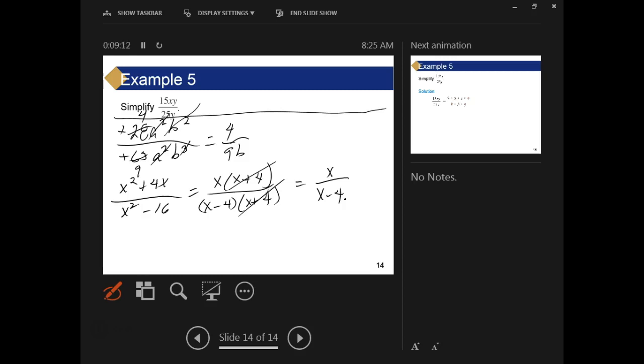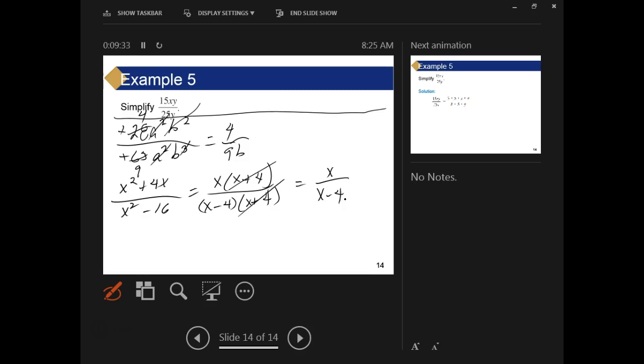Even though there doesn't seem to be any problem with a being 0 because it's not in the answer, if it's in the original problem, it still couldn't be. So these are just expressions we're simplifying, so don't worry about that yet, but it's a good practice to start thinking about. All right, any questions? And they got it right, good for them.